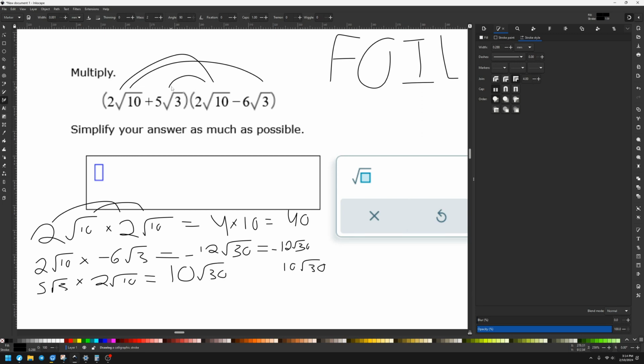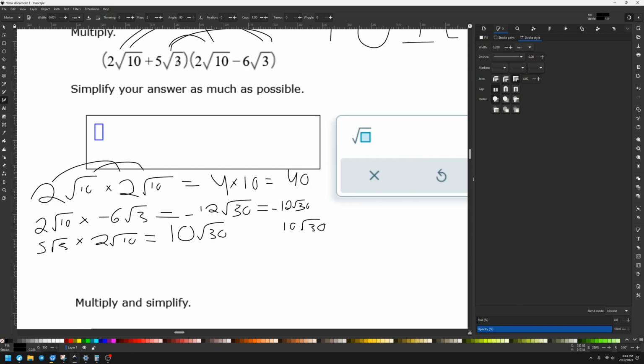And now for the last terms. That's going to be 5 times the square root of 3 times negative 6 times the square root of 3. 5 root 3 times negative 6 root 3.